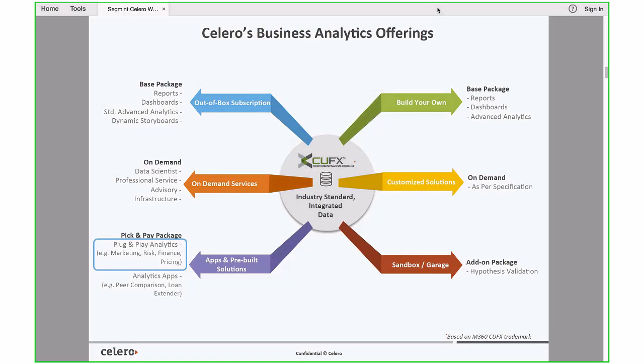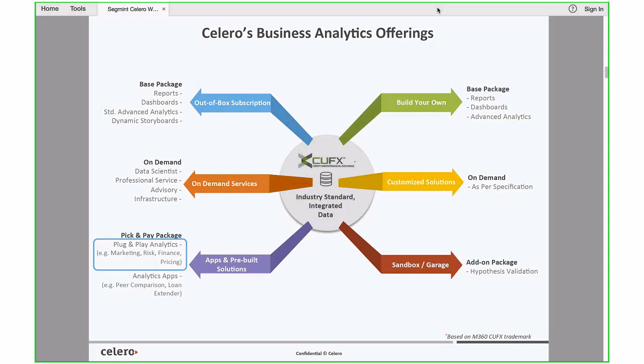Next slide, please. In our business analytics offering, we have a base package where we provide reports, dashboards, and advanced analytics to the credit union, and the credit unions can also develop their own components. In our on-demand layer, we offer our scientists, professional services, and infrastructure for credit unions to try analytics on their own, and when they're ready, come on board to our platform.